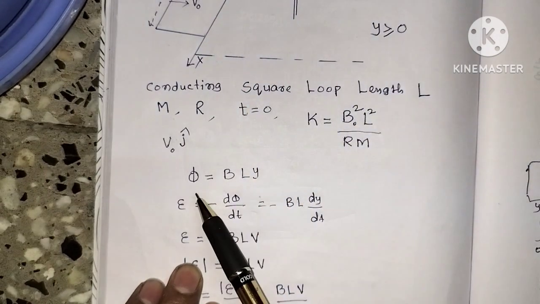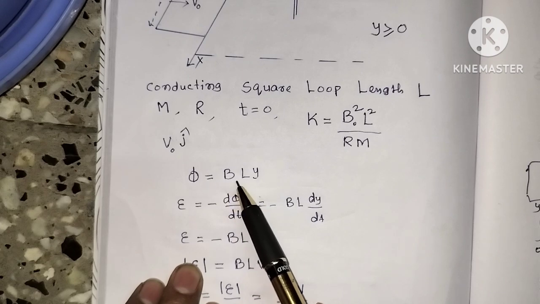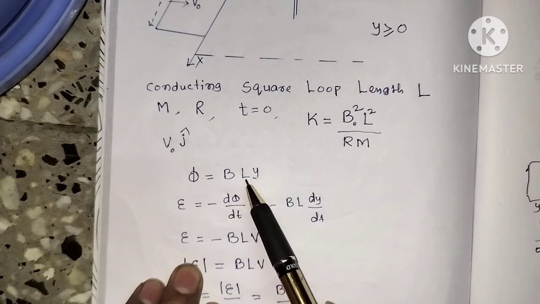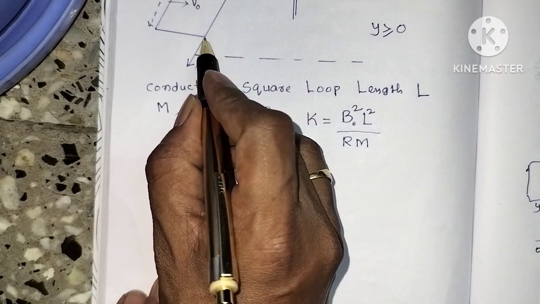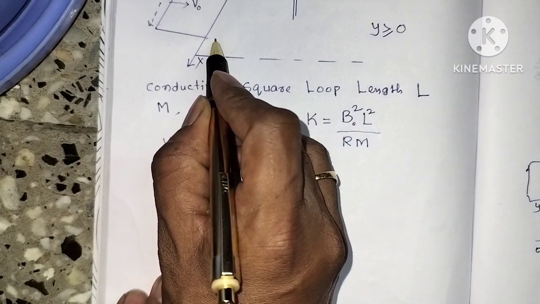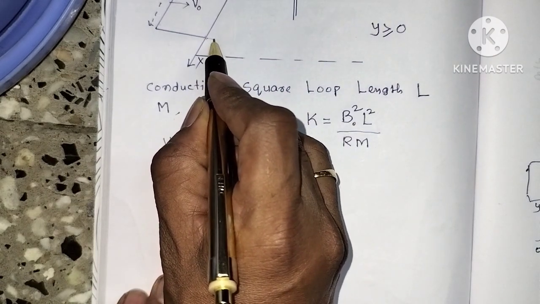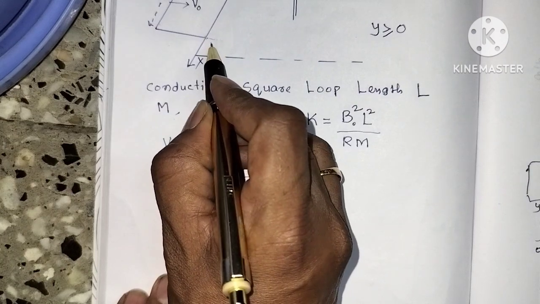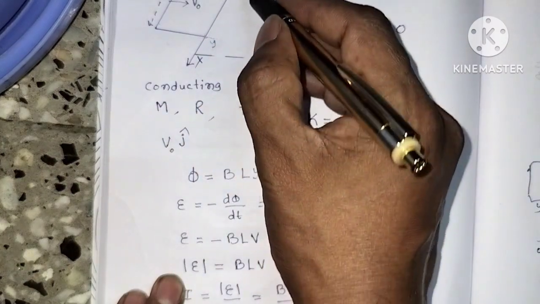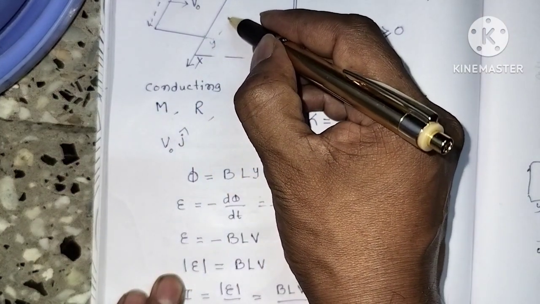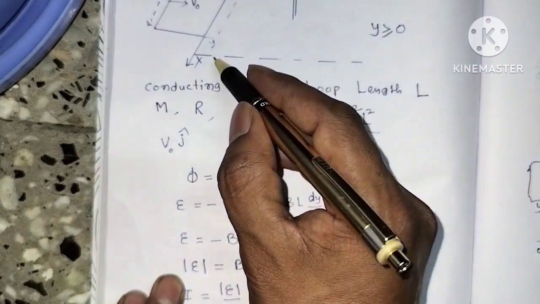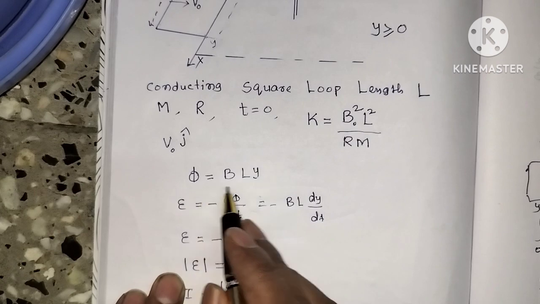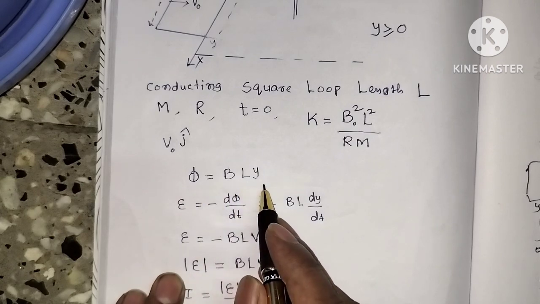The flux is equal to magnetic field into area, and that area is L into y. Within this portion the area is L into y. So phi is equal to B into L into y.